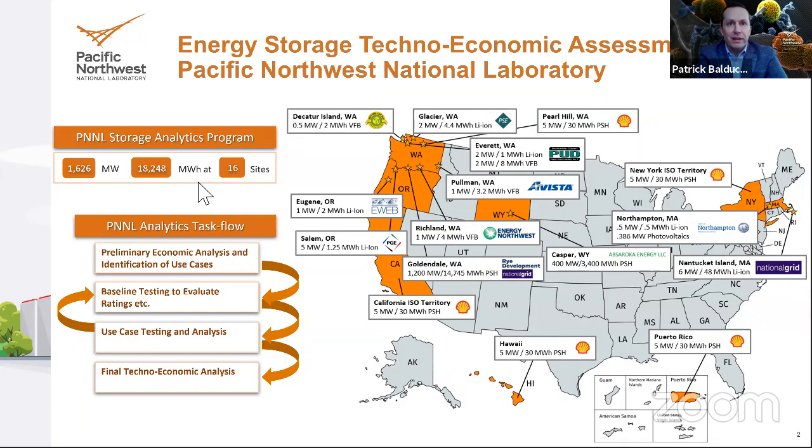You know, we're evaluating everything from lithium-ion based systems in the San Juan Islands to small modular pump storage hydro in Puerto Rico, all the way up to Massachusetts with several systems there, including a hydrogen-based power to gas system and a microgrid in Northampton, Massachusetts, and then also a lithium-ion battery system on Nantucket Island. So we're evaluating storage systems across the country.